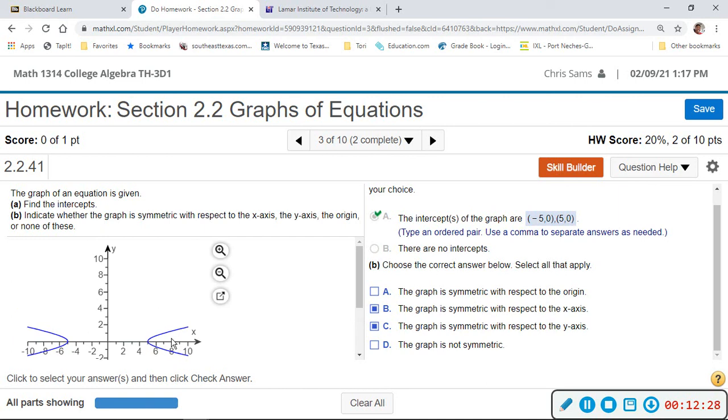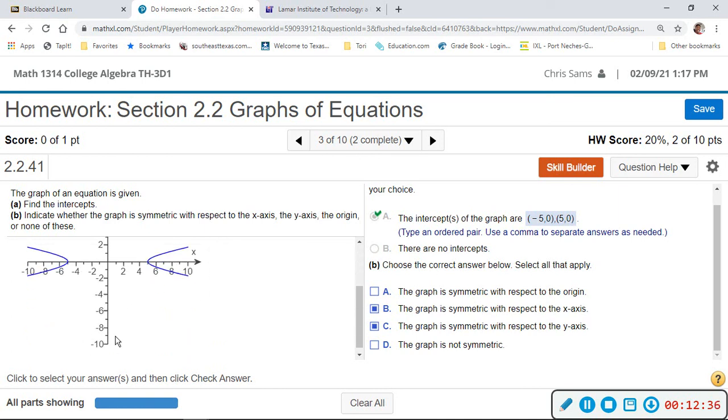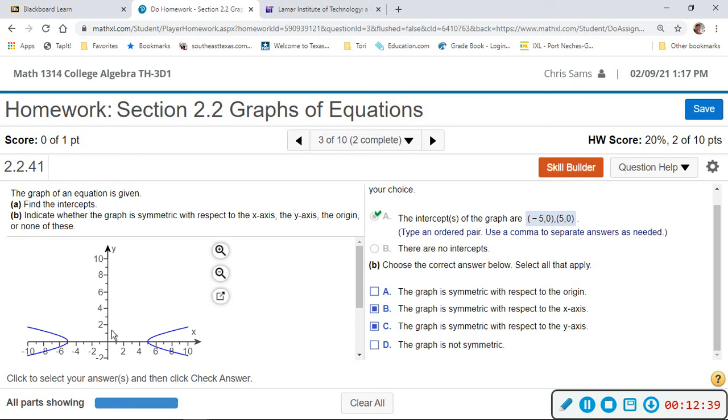You can't really make a whole lot of ordered pairs. I guess we'd have to pick some. But, I mean, you don't have spots, so it's kind of hard to tell. I like to do it with functions. But we can see y-axis and x-axis pretty clear. Origin is a little bit hard to tell. Flip this up and then flip it over. Yeah, so it has origin as well.